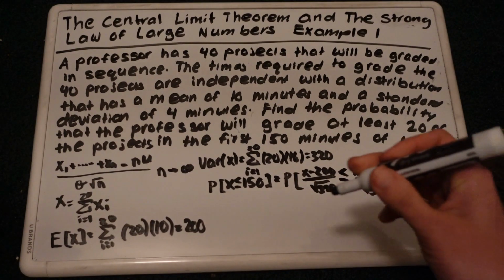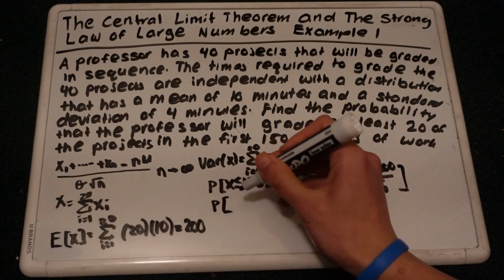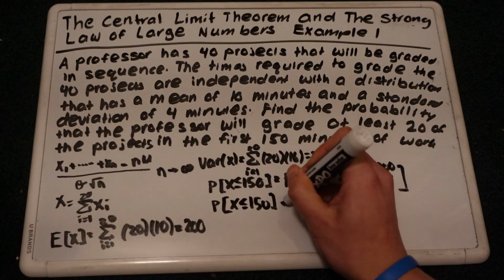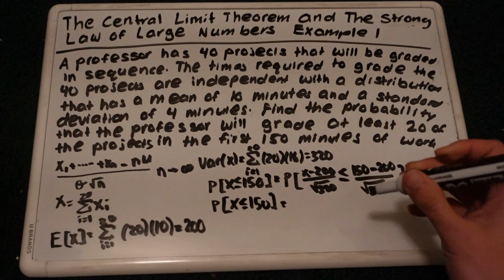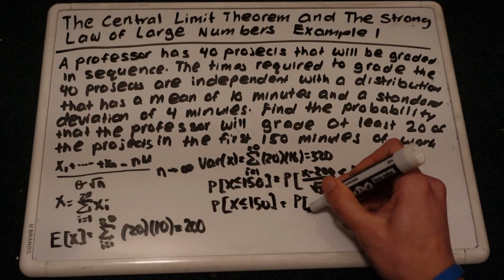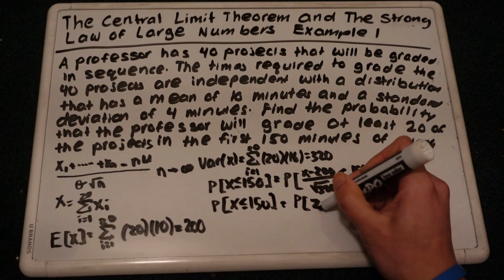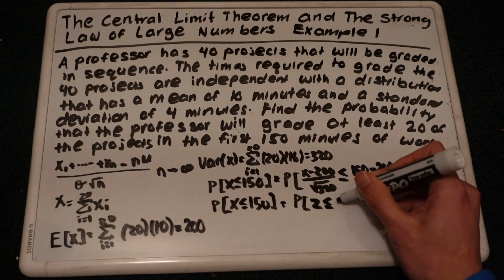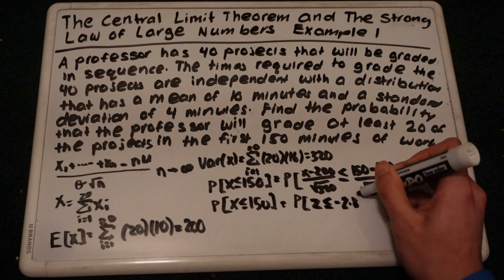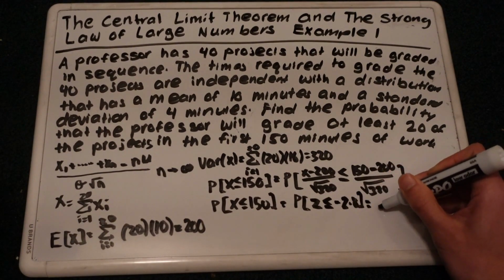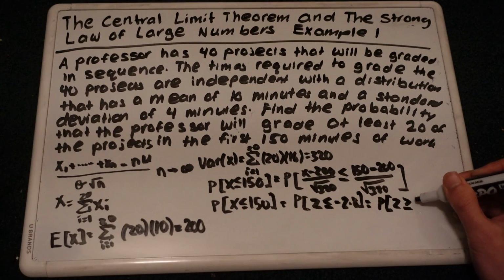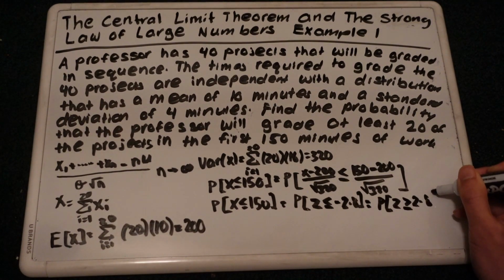So simplifying from here, X is less than or equal to 150. That probability would be Z is less than or equal to negative 2.8. But this is the same as the probability that Z is greater than or equal to 2.8.